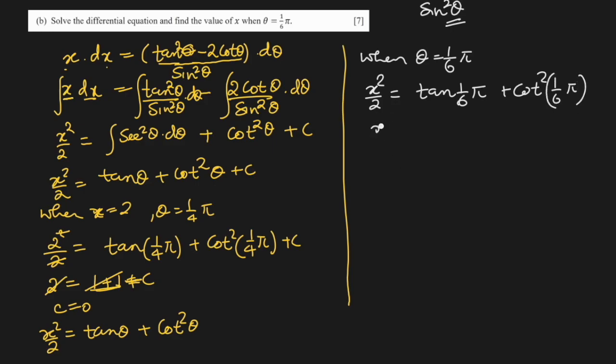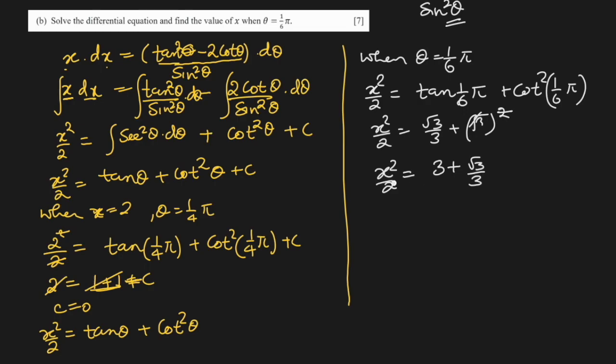So x square over 2 equal to tan 1 over 6 pi will be square root 3 over 3, and cot 1 over 6 pi will be the reciprocal of this, which is 3 over square root 3, or just write square root 3, and we have to square this also. So this square and square root cancel, so x square over 2 is equal to 3 plus square root 3 over 3. Are they saying exact value?